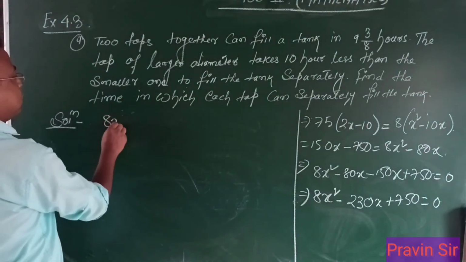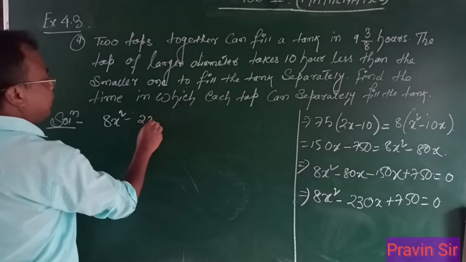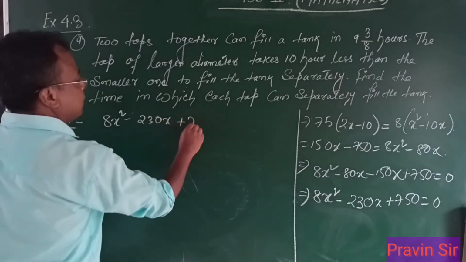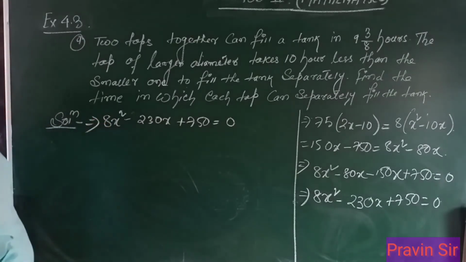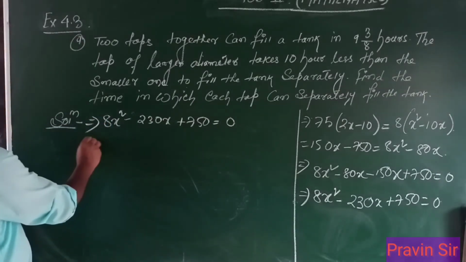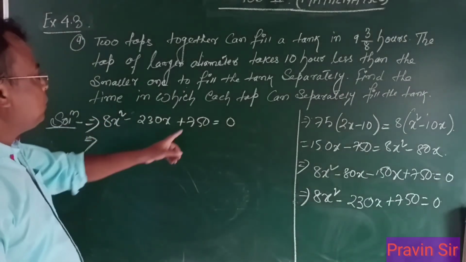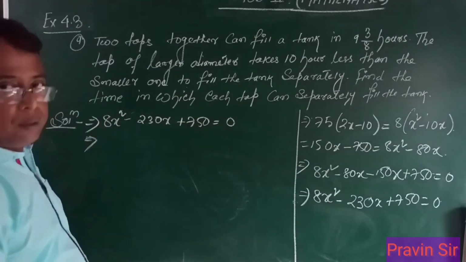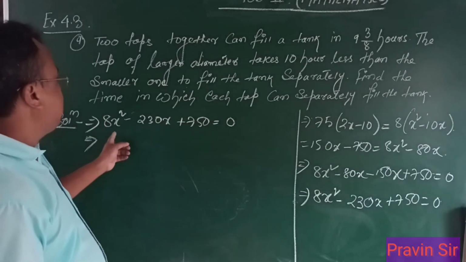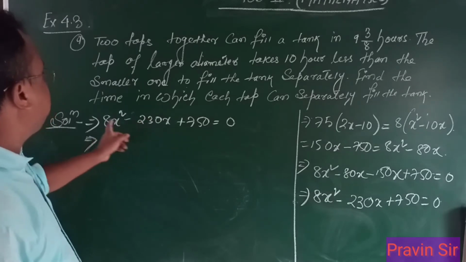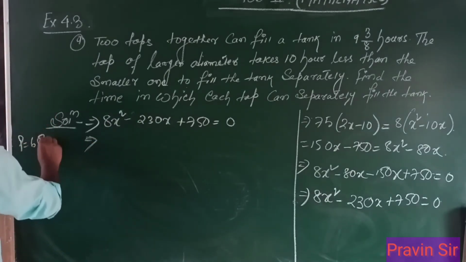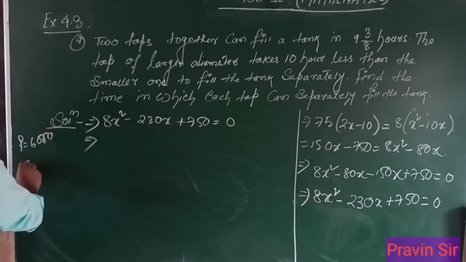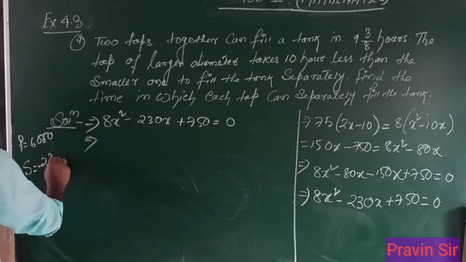So 8x square minus 230x plus 750 is equal to 0. Okay, now in the splitting the middle term method, you know what we have to do. 750 into 8 is equal to what? 6000. Product is equal to 6000 and sum is equal to minus 230.